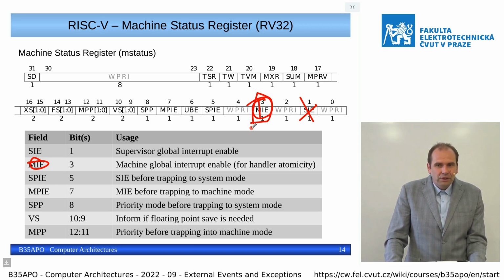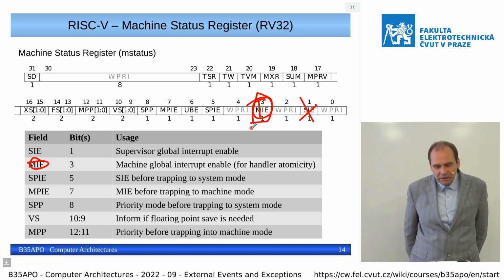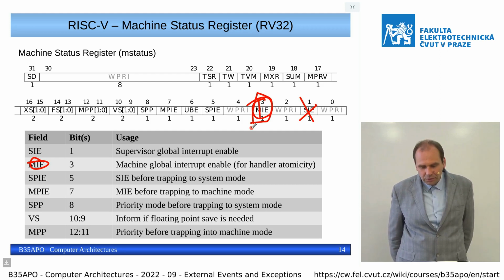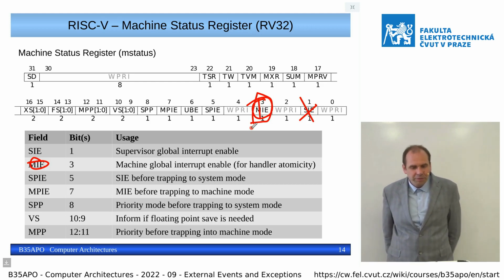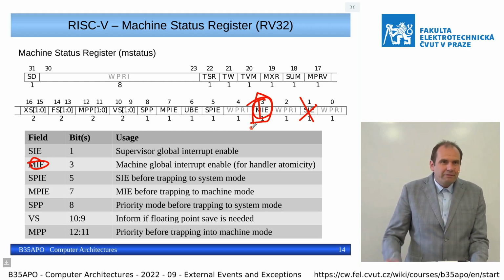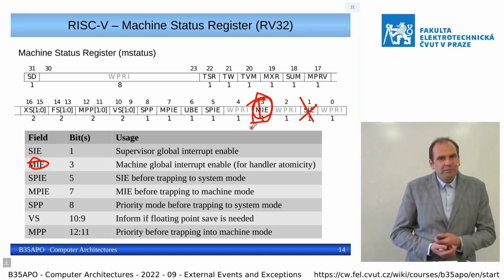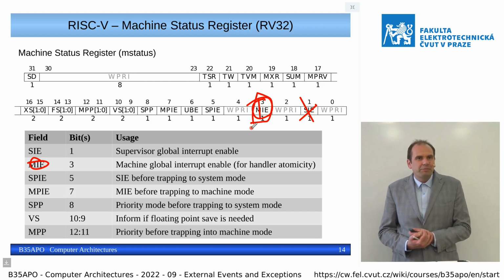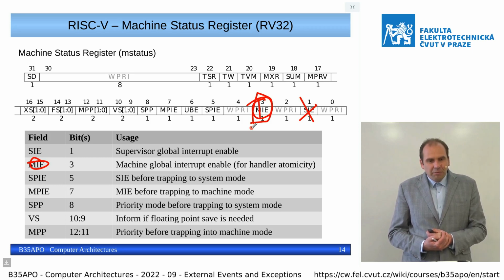If you have another exception inside the exception processing, then it is usually some fatal error and your operating system stops there. But for external interrupts, it is quite common that a new source starts to pend during the processing of an interrupt, and you have a problem. If the interrupt processing routine is interrupted again, then basically you lose some part of the state, because you have, for example, the EPC register, but it is only once here.